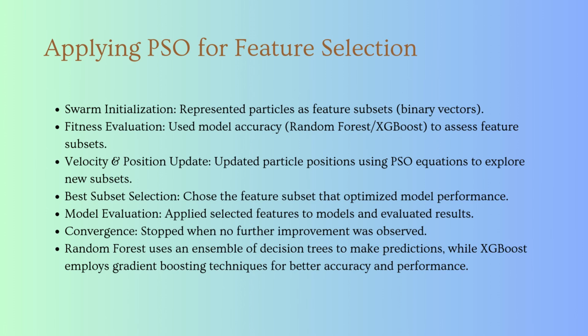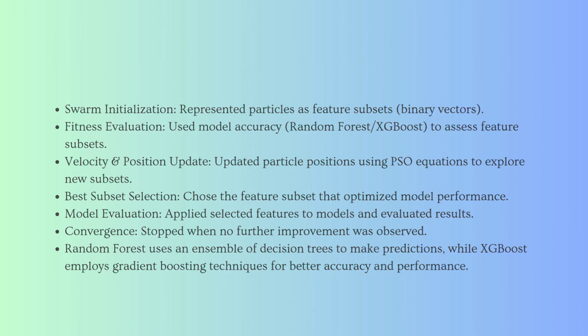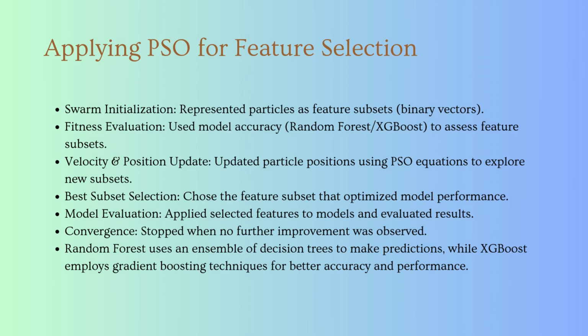Let us understand how I applied particle swarm optimization for feature selection to predict diabetes. There are several steps, starting with initialization. In PSO, each particle represents a potential solution, which in this case is a subset of features. Initially, particles are randomly generated to form a swarm, with each particle having a binary vector that indicates whether a particular feature is included, which is 1, or excluded, which is 0.